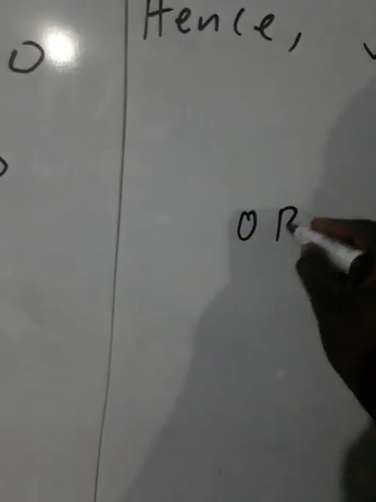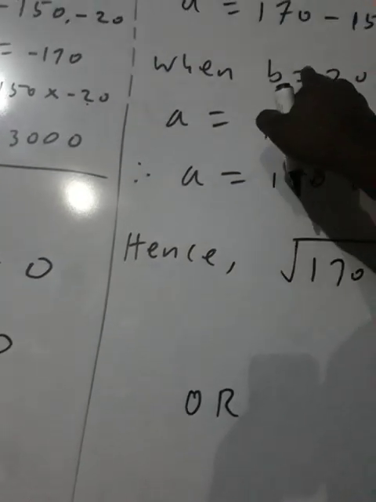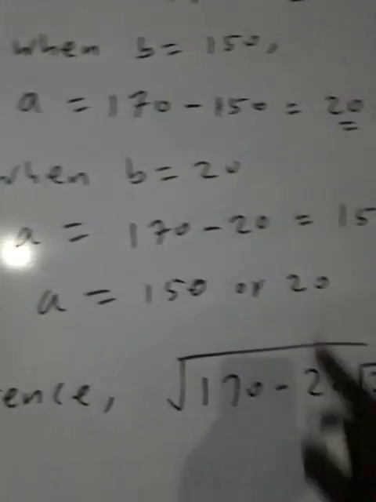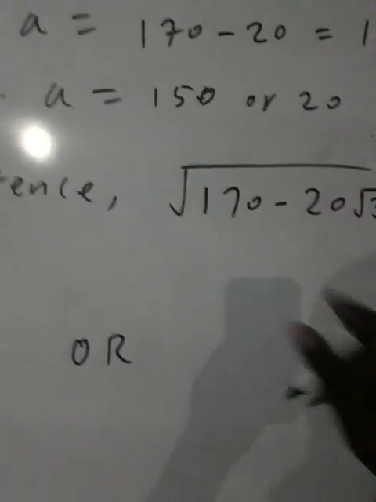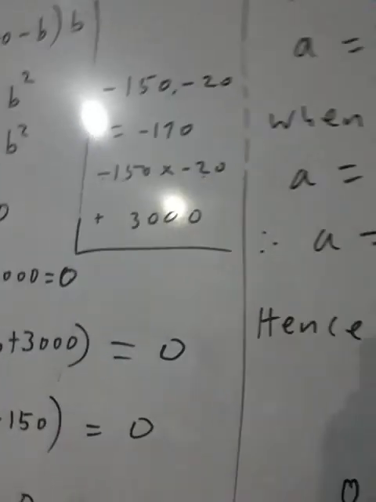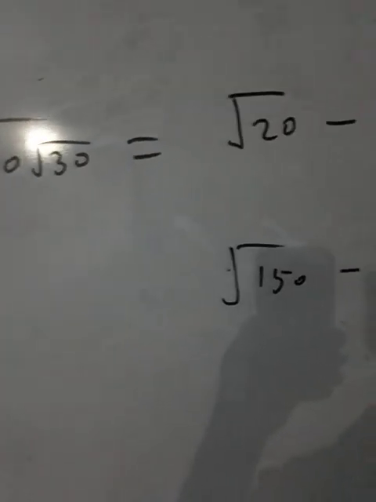When b is equal to 20, a is 150, so root 150 minus root 20. Remember we said a comes first. So any of these is what we have.